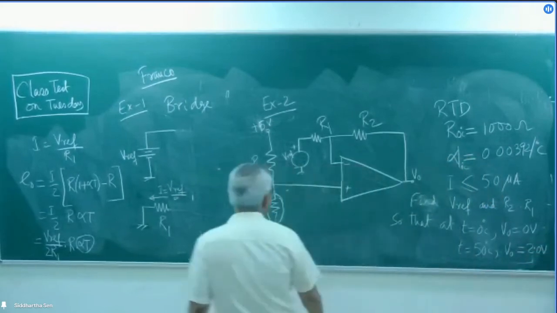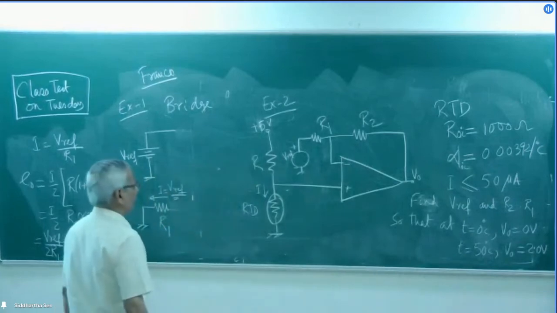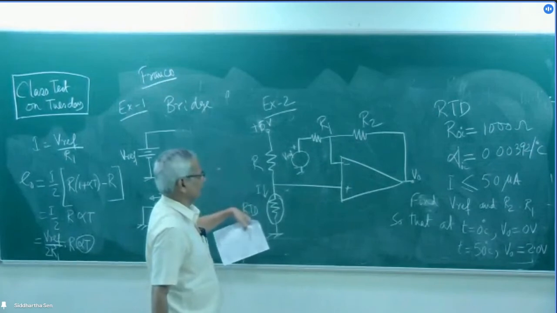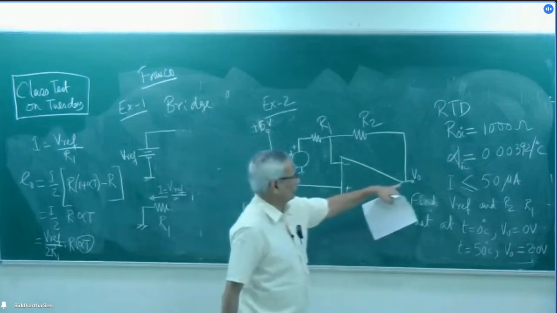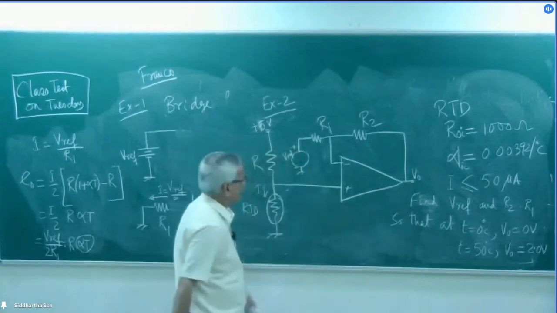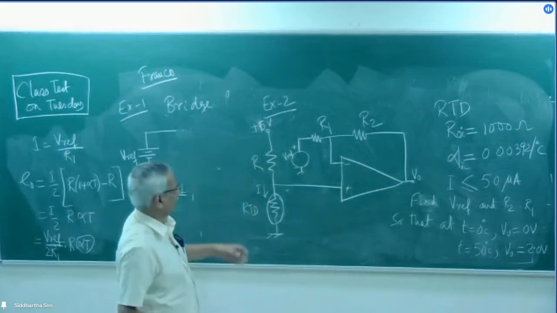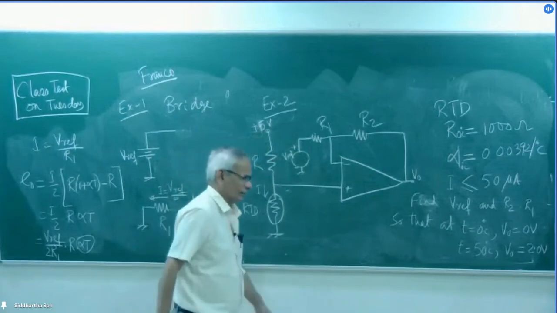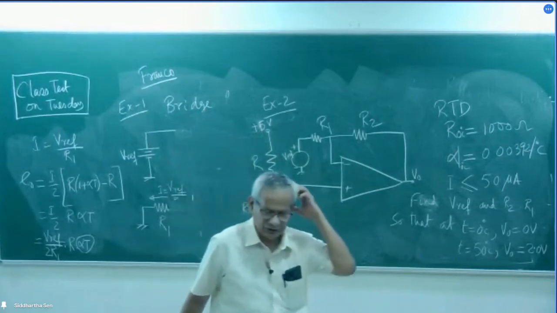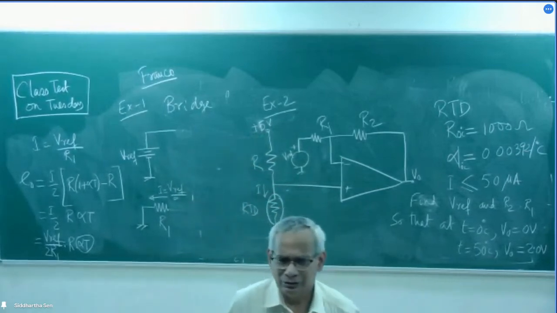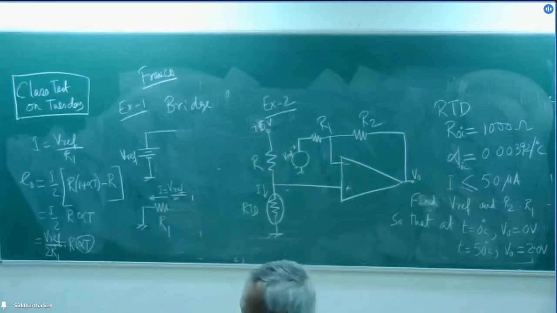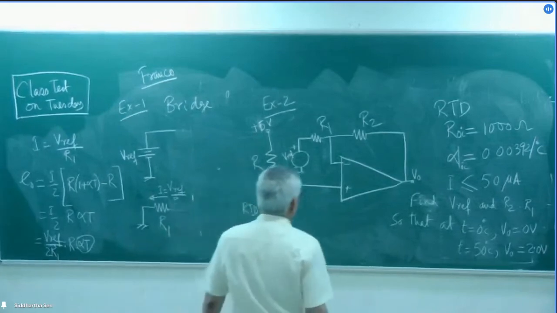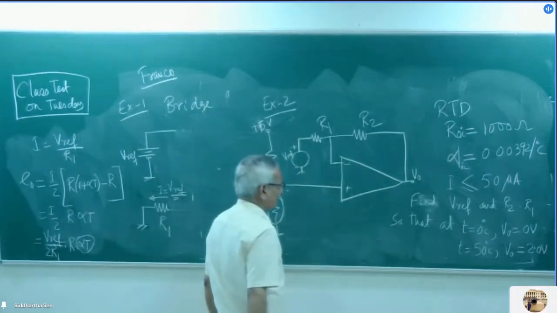Basically, otherwise it was fine, but since it is a potential divider, I want to get 0 voltage at 0 degrees Celsius. To achieve that, I have used a reference voltage connected in series, so that it can compensate or cause an offset so that the voltage is 0 volt at 0 degrees Celsius.